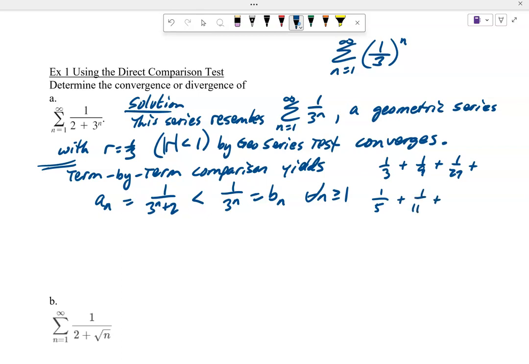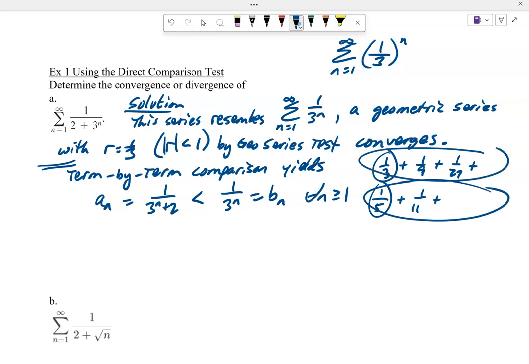Can you see how these ones are all less than the ones above it, right? 1/11 is less than 1/9, and so on. So term-by-term comparison shows us that a sub n is less than b sub n. Well, since the larger series converges, then we know the smaller series, the original series, must also converge, right?